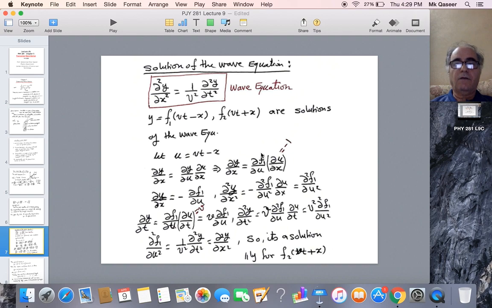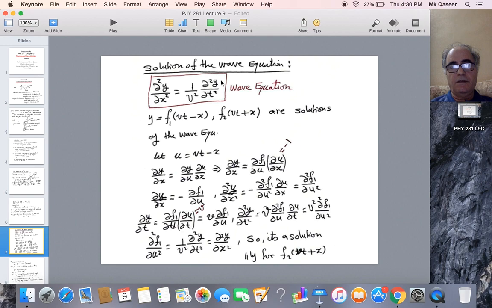So we get minus df1 by du. Now the second derivative, d2y by dx2, is again minus d2f1 by du squared times du by dx, which is minus 1. Minus 1 times minus 1 gives plus 1. So we get d2f1 by du squared for this term.